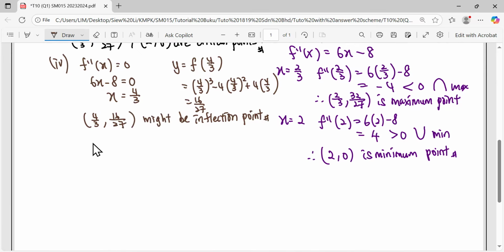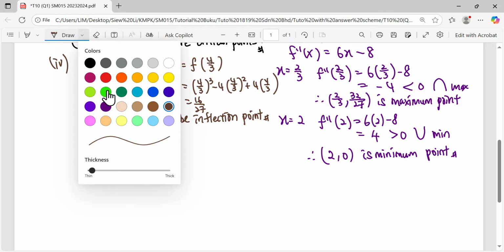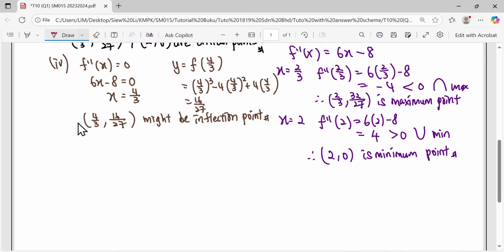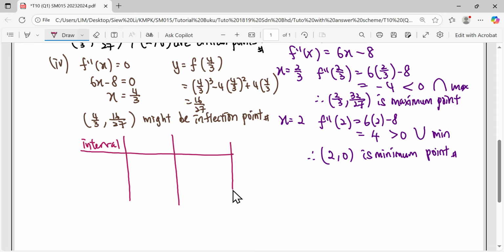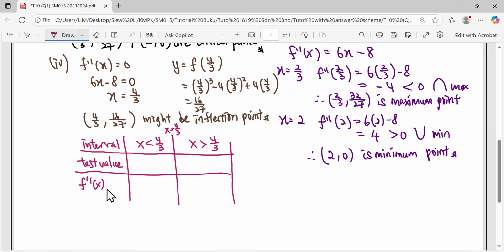So to test the inflection point, we start the second derivative test. When we only have one point, I only have two intervals: x less than 4 over 3 and x more than 4 over 3. From here, I will pick a test value so that I can test the sign of my second derivative, whether positive or negative.